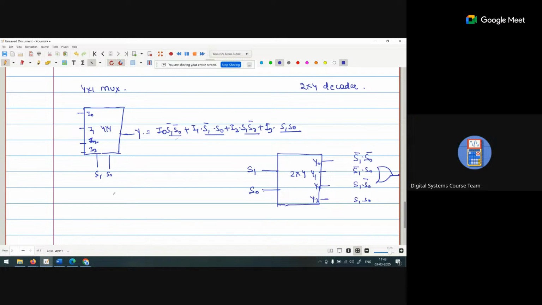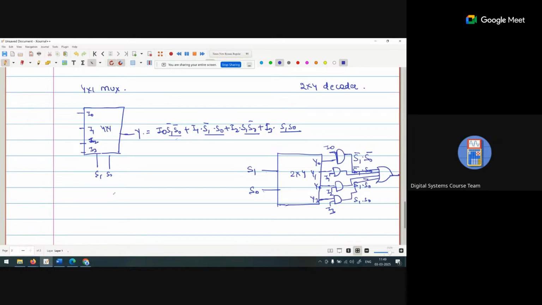So what should I do? Here I AND with I0 and use this as input. Here I AND with I1, and here we use the AND gate with I2, and for this one we get I3 and multiply with this one.